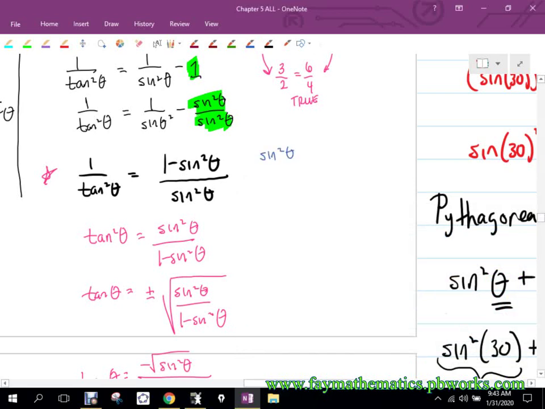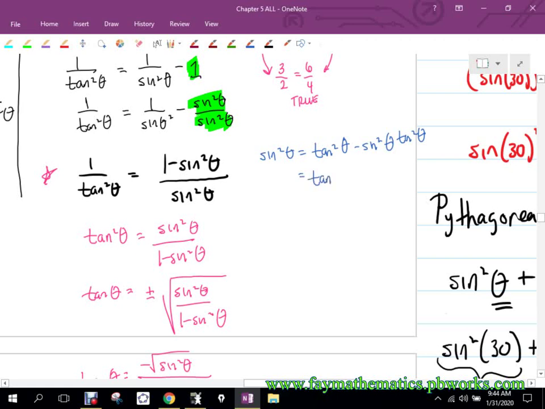So let's go sine squared. So sine squared now is going to give me tangent squared theta minus sine squared theta times tangent squared theta, right? You guys agree with that? Do both things over here on the right-hand side have a tangent in them?